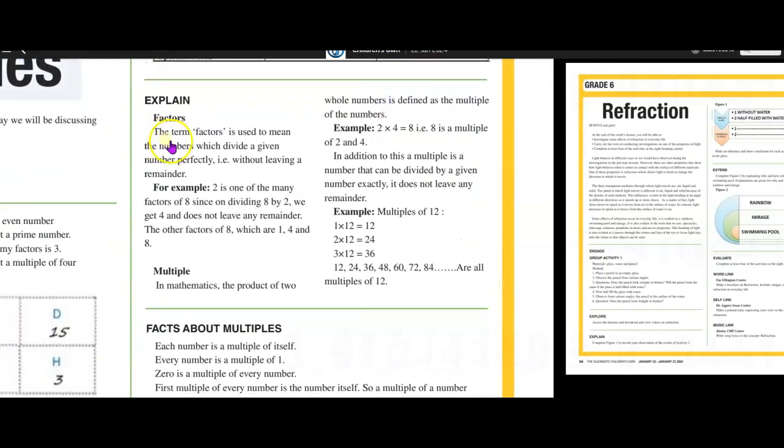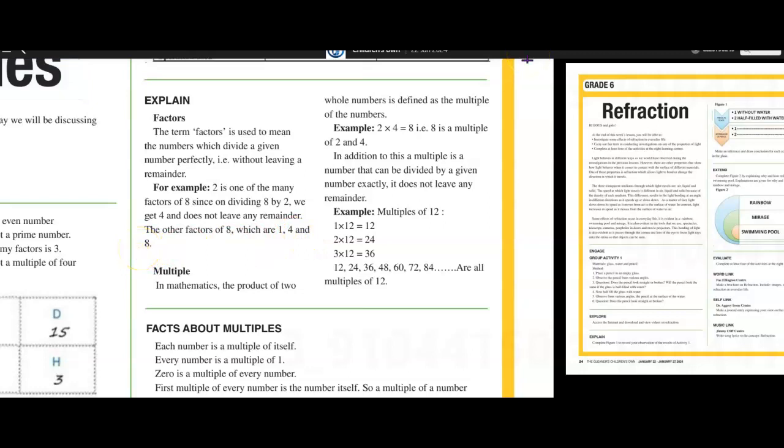Explain factors. The term factor is used to mean the numbers which divide a given number perfectly, that is, without leaving a remainder. For example, 2 is one of the many factors of 8, since on dividing 8 by 2, we get 4, and it does not leave any remainder. The other factors of 8 are 1, 4, and 8.